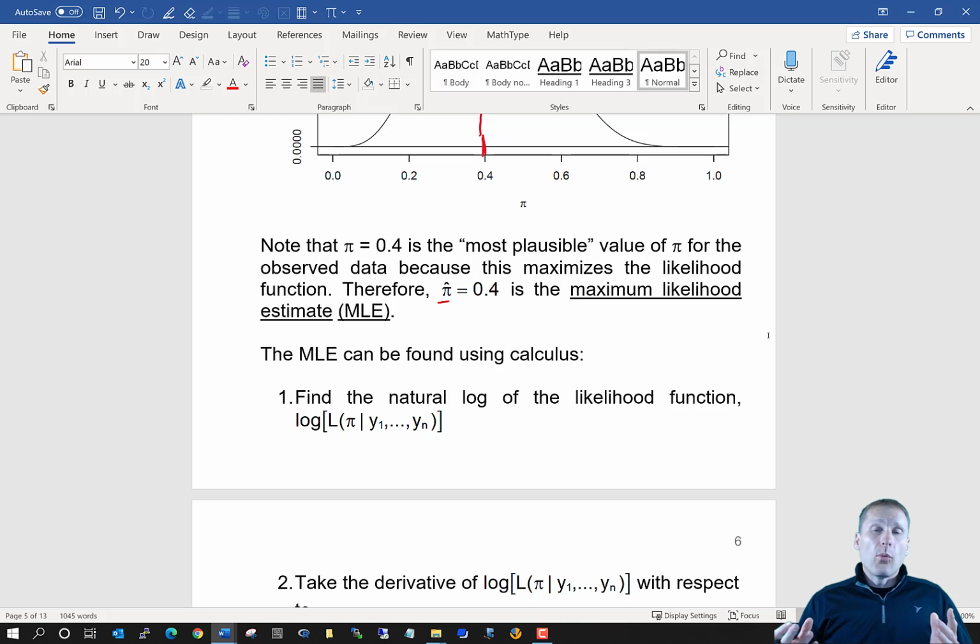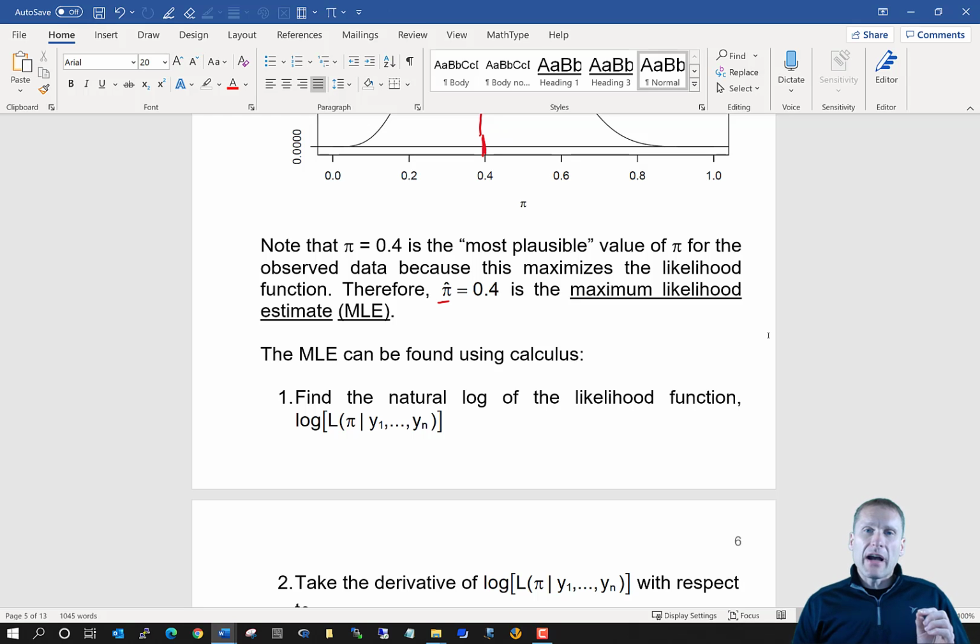Now, when you took calculus, and we've done calculus before, you've learned about how to maximize a function relative to some, let's say, variable of interest.